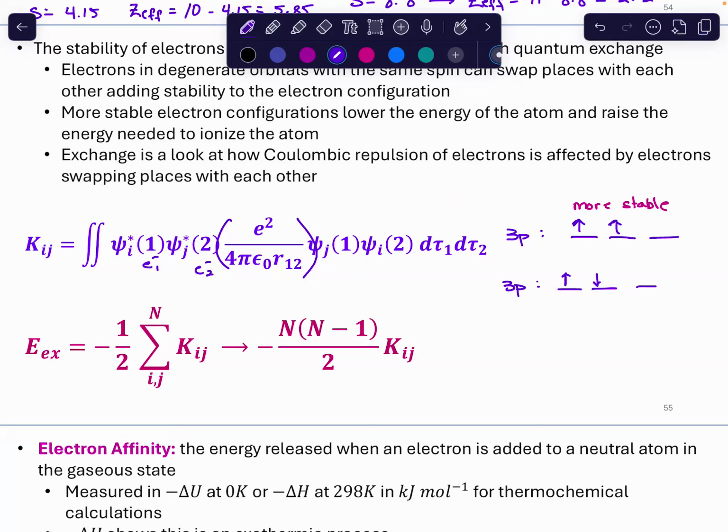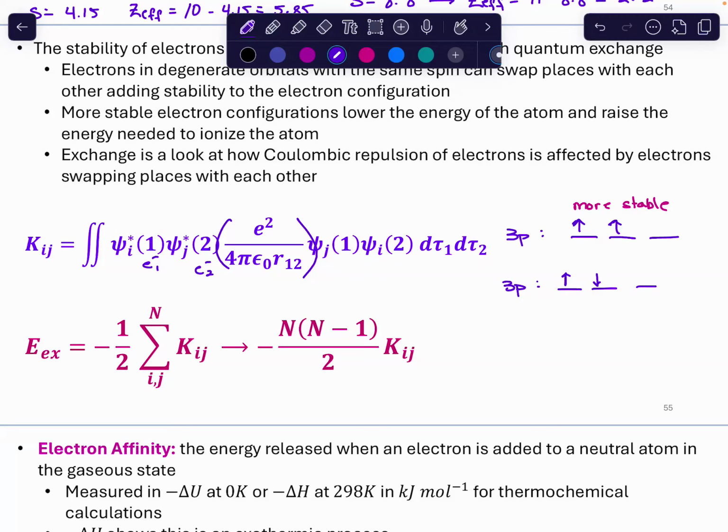And what this does is, when you use that operator inside the integral, it produces the exchange energy once you solve the integral, which is essentially going to give you negative n times n minus 1 over 2, multiplied by the exchange integral.